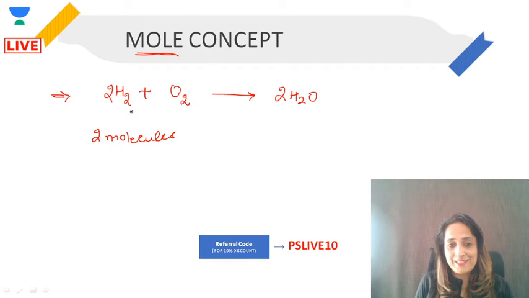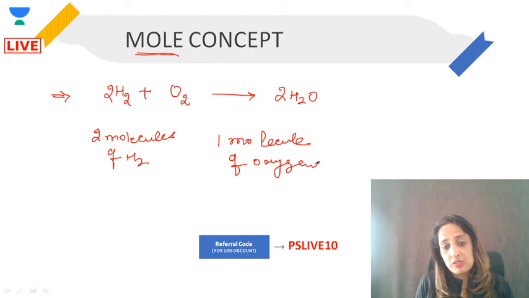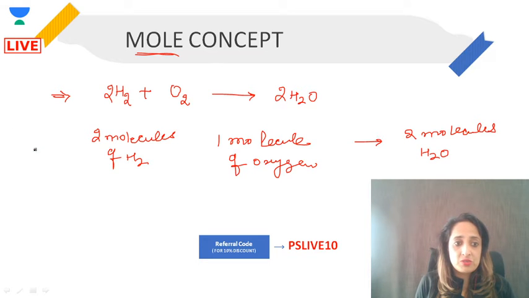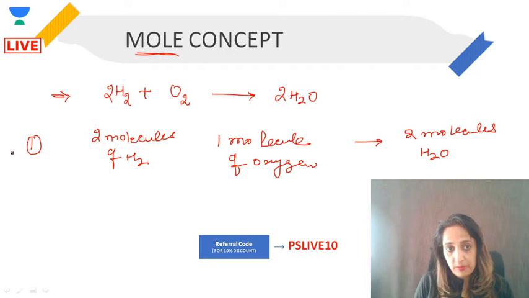I'm going to the mole concept through this. We'll say two molecules of hydrogen reacted with one molecule of oxygen to give us two molecules of water. This is one way of writing or explaining this equation.